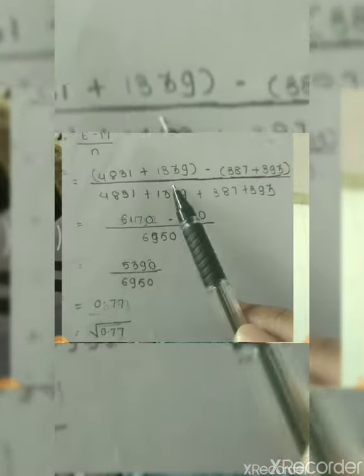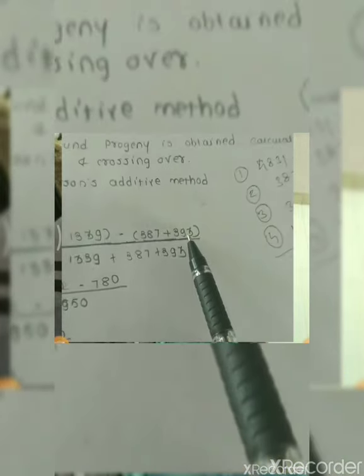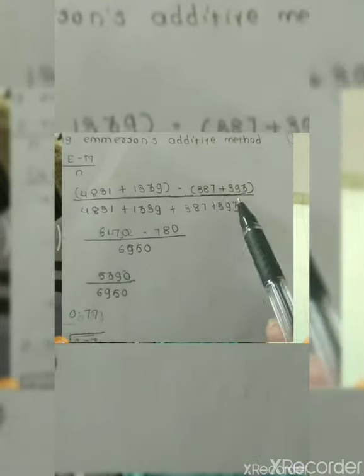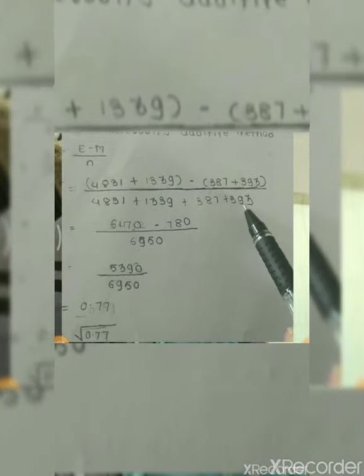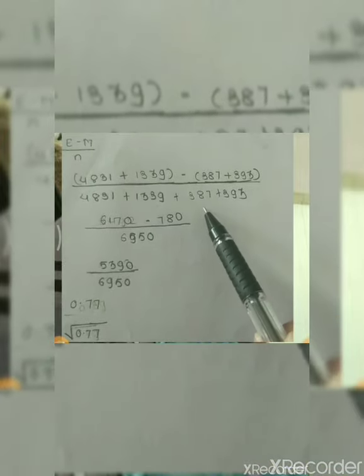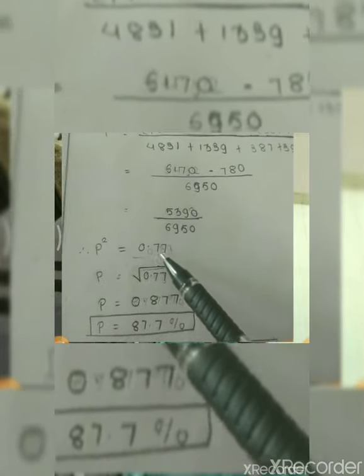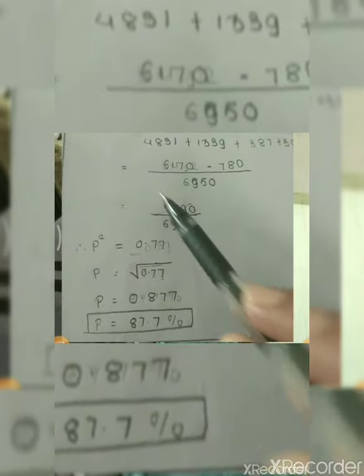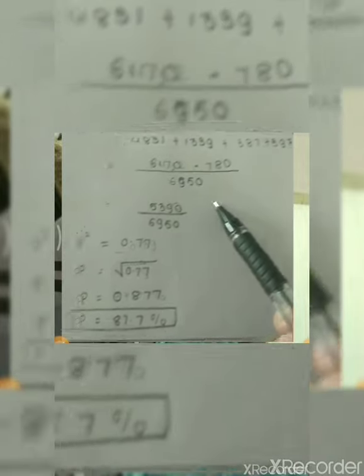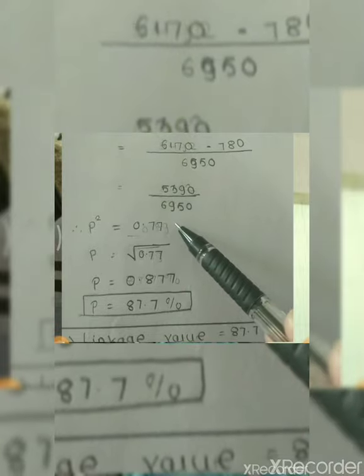These are the sum of end classes minus the sum of middle classes, that is 387 plus 393, divided by the sum of all the values, that means 4831, 1339, 387 and 393. So when we calculate, the final answer after putting all these values into the formula is p square equal to 0.77.